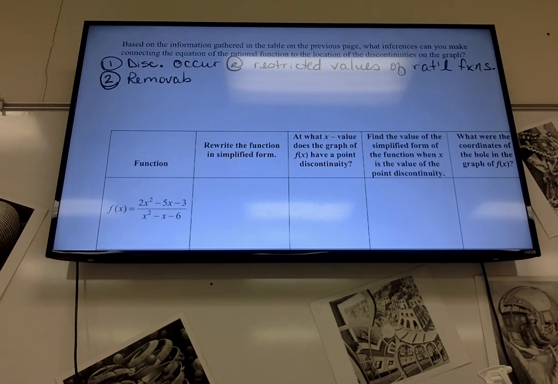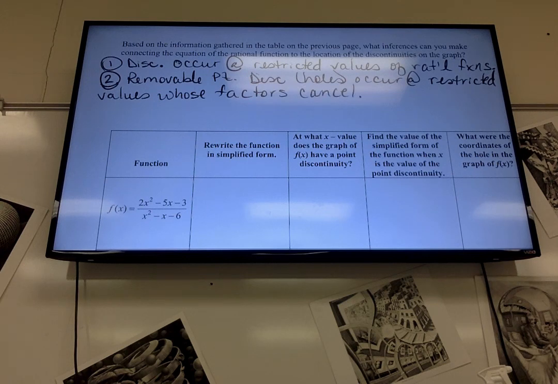Then removable point discontinuities, which are holes in the graph, occur at restricted values whose factors cancel. Again, this is stuff we already figured out on the last thing. We're just writing it down so we have a list to go to.